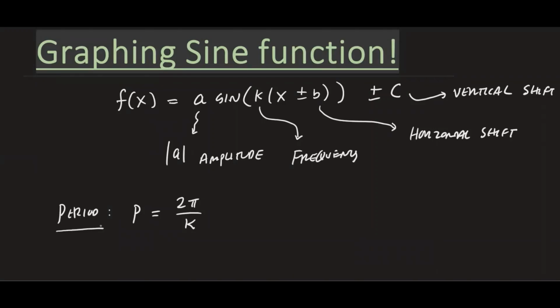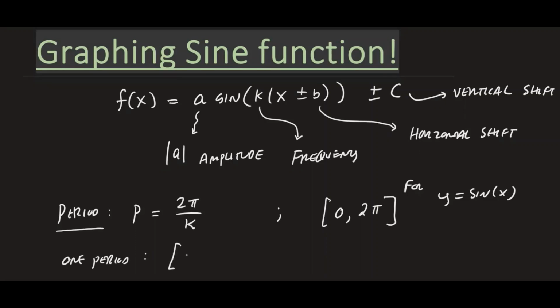And also there is something called the interval where the function completes one period. For the basic sine function, y equals sine of x, it would be from 0 to 2 pi. But now if there is a modification with k, then one period is going to be completed on the interval 0 to 2 pi over k.